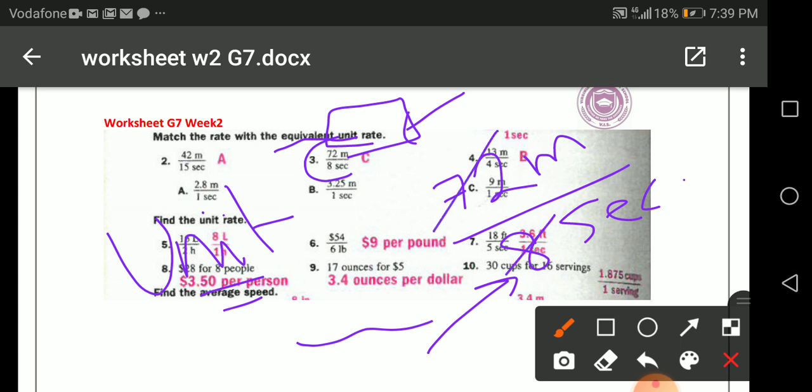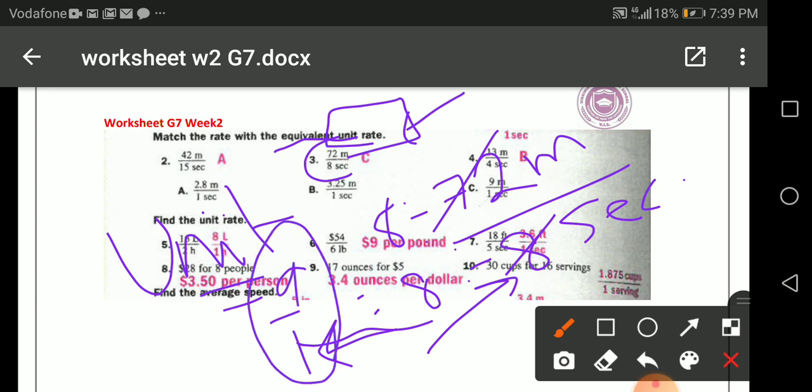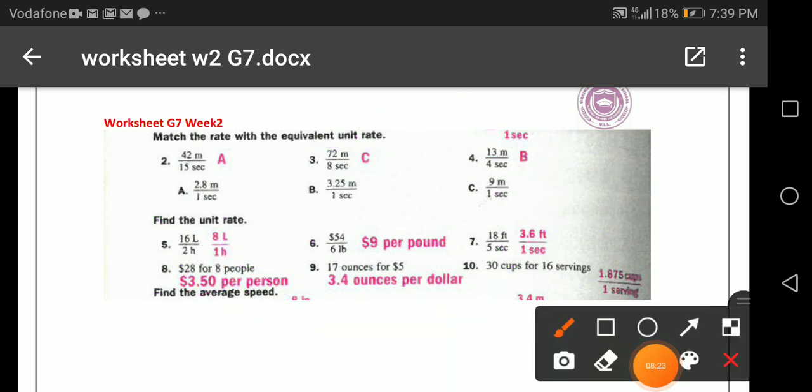Divide by the same, divide by 8. So 8 divided by 8 gives me 1 down in the denominator. What about the top? 72 divided by 8 gives me 9. So the unit rate will be 9 over 1. So I'm going to match 72 over 8 with 9 over 1.